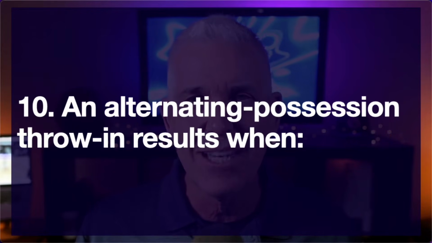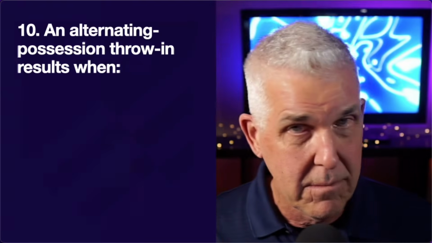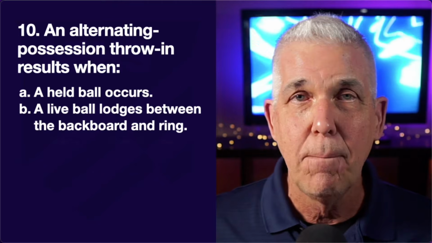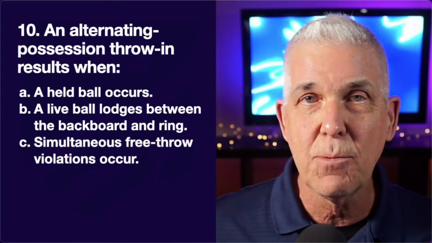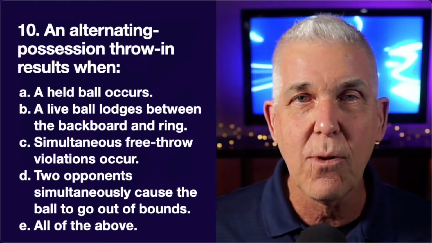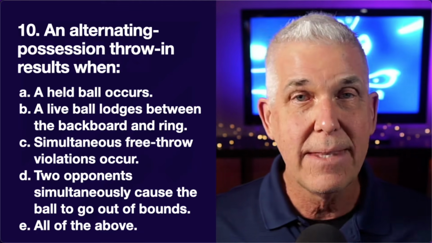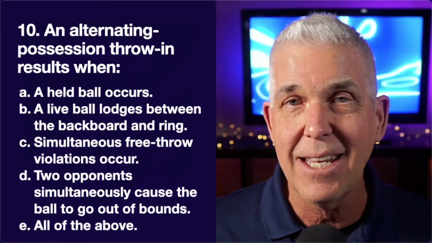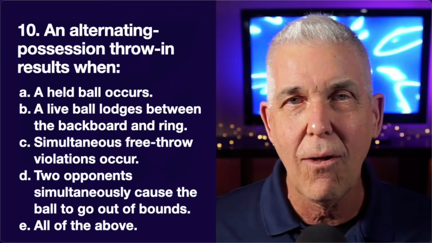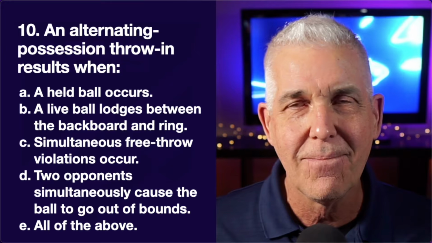An alternating possession throw-in results when A, a held ball occurs, B, a live ball lodges between the backboard and the ring, C, simultaneous free throw violations occur, D, two opponents simultaneously cause the ball to go out of bounds, or E, all of the above.